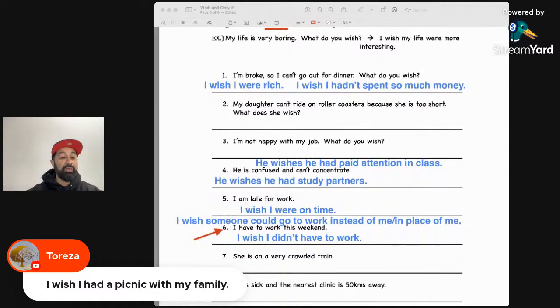All right. Yeah, that would work. Or I wish I could go on a picnic. I wish I could go on a picnic with my family. Good, Teresa. I wish I could go on a picnic, I think would be better.